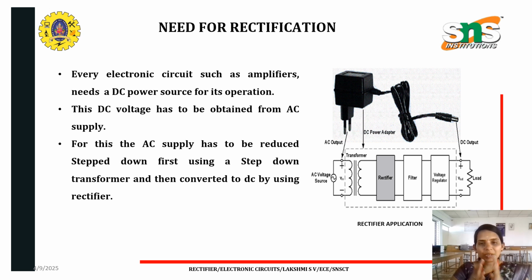We all know this basic information. Say, for example, if the alternating current which we receive is directly given to a laptop charger, what happens? When we directly give the 230 volt AC supply to our laptop charger, it will burst.